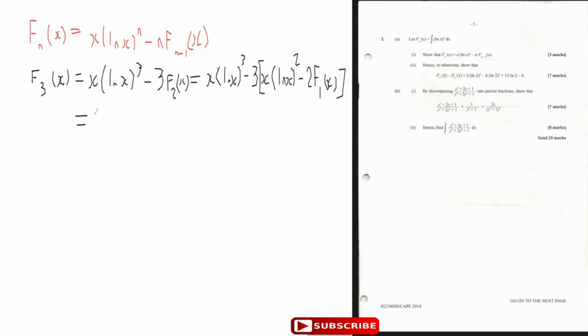So it's working out to be x ln x cubed minus 3x ln x squared, and then expanding, minus and minus become plus, it becomes plus 6 times f1 of x.